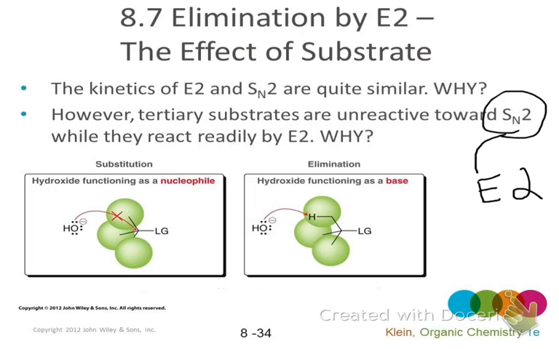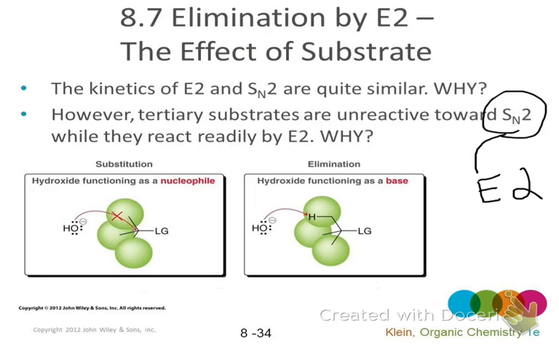So this reaction is not as bothered by steric hindrance of the substrate as SN2 is. In fact, tertiary alkyl halides react faster by E2 than primary. So tertiary is faster for E2 than primary.